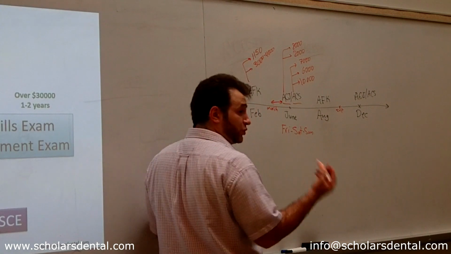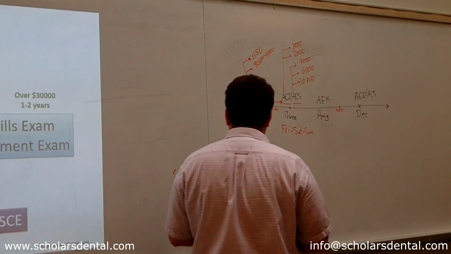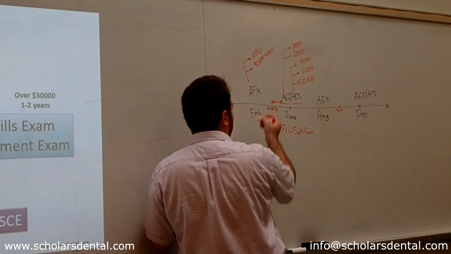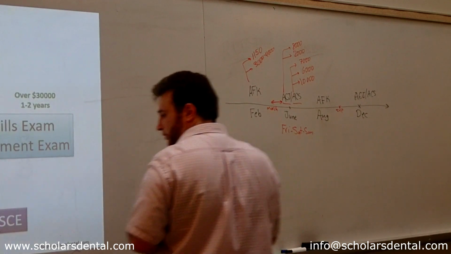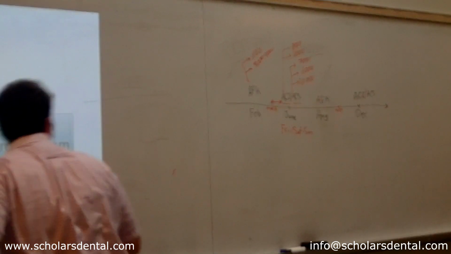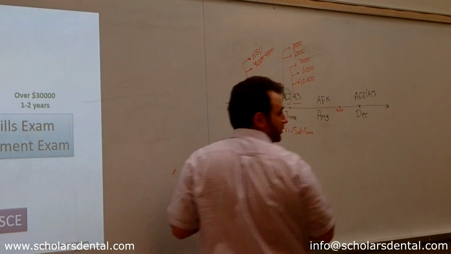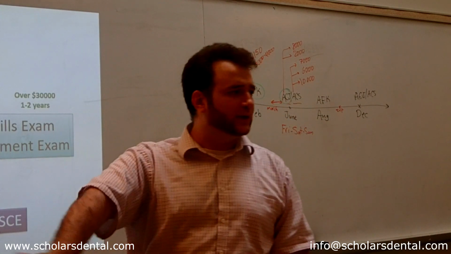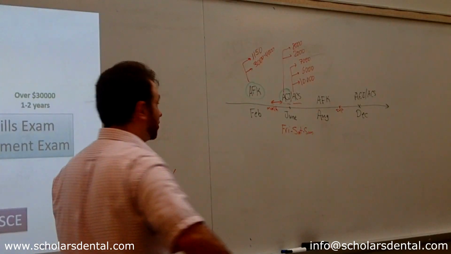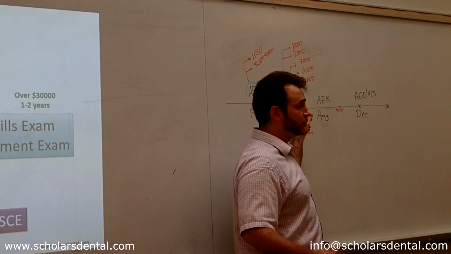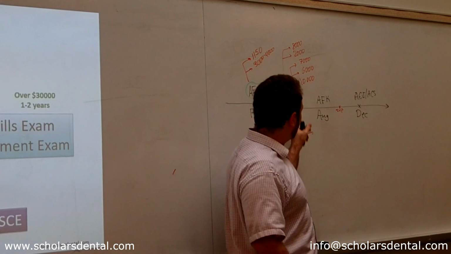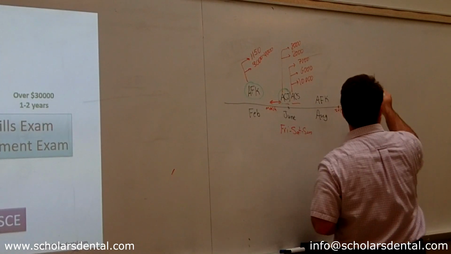So the strategy that I like to say is, you do AFK here, and then you do ACJ. So you focus on the theory and finish them, trying to increase your chance of passing, lowering your chance of failure. And then you try to do the ACS here.